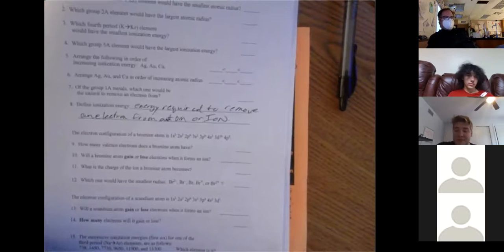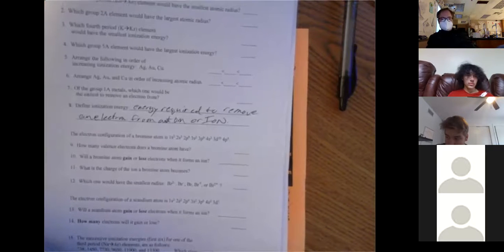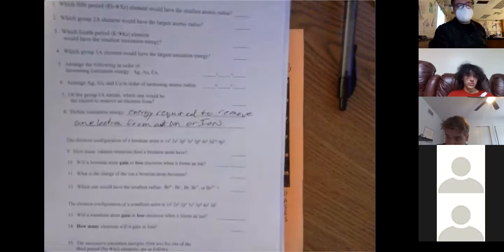So we call the energy required to take an electron ionization energy. The first ionization energy is the energy required to take one electron. The second ionization energy is the energy required to take an electron after you've already taken one electron.